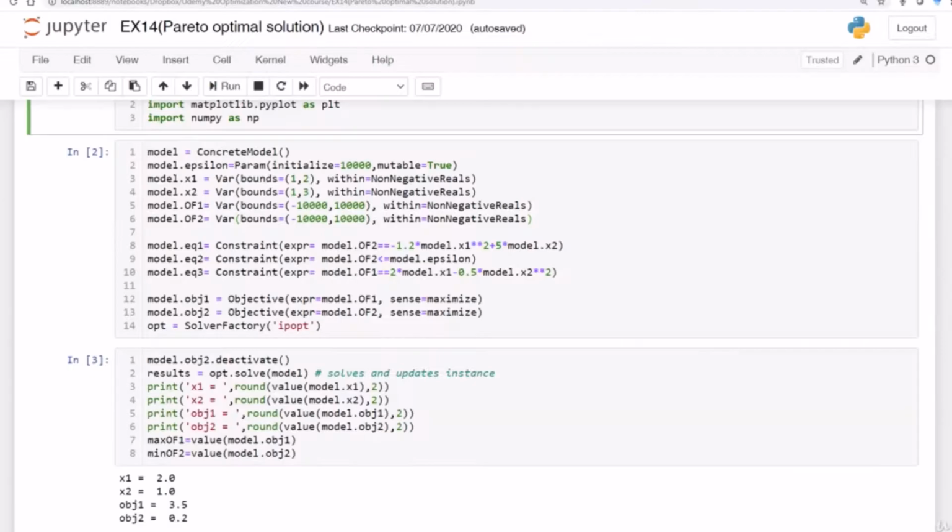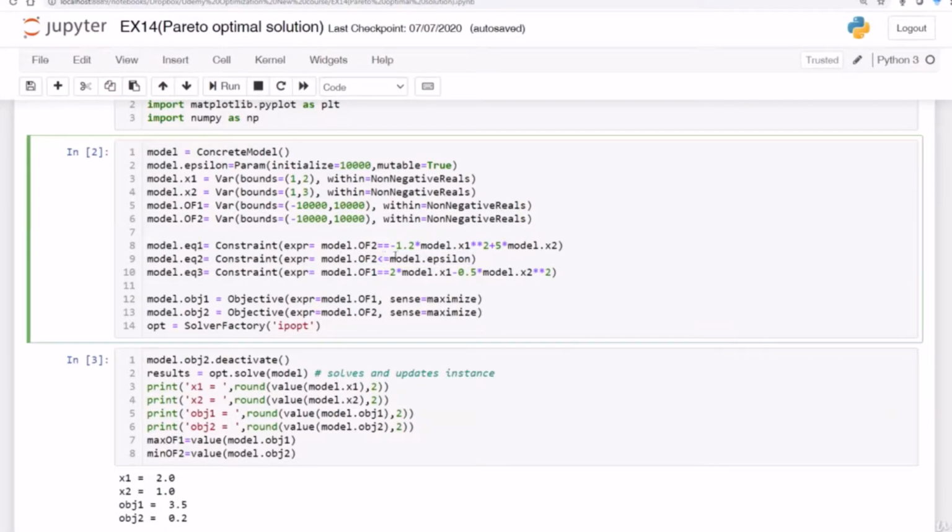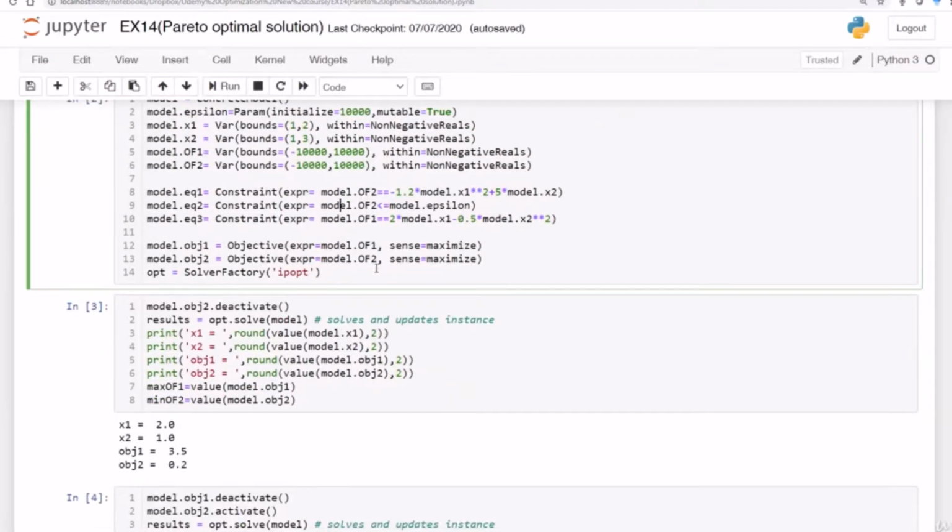But how can I write it down in Pyomo? So this is the constraint I was talking about. I will limit the OF to less than something, and I will change that limit iteratively, and ask Pyomo to solve it. So as you can see here, it's strange: I do have more than one objective function.